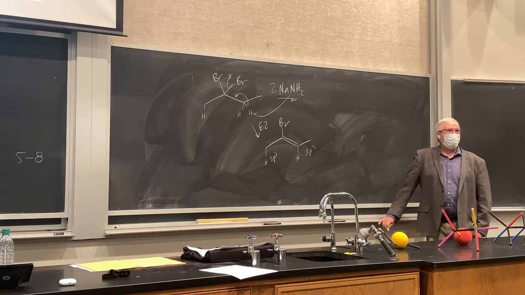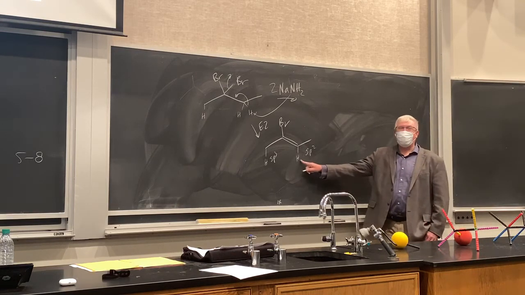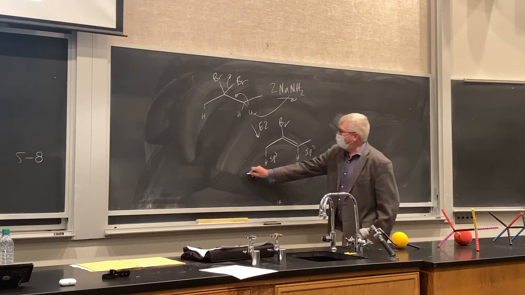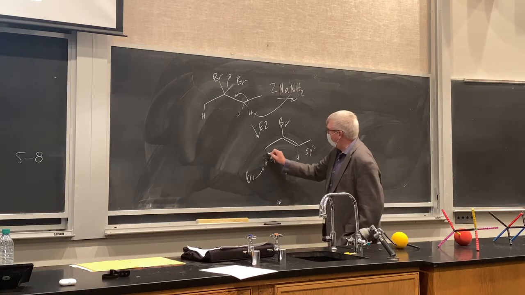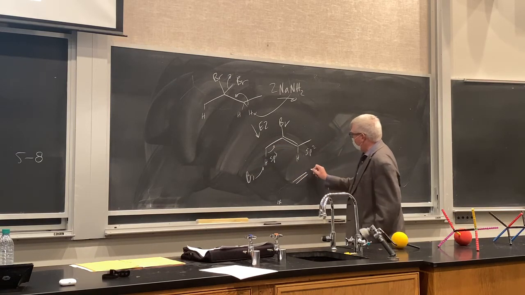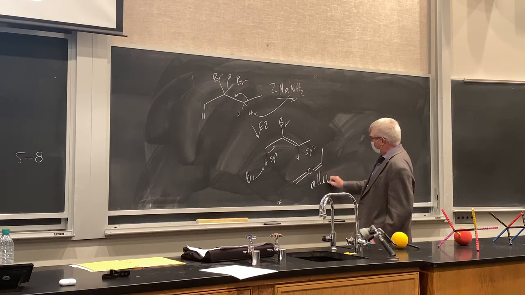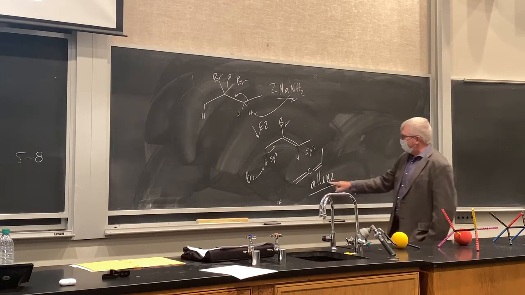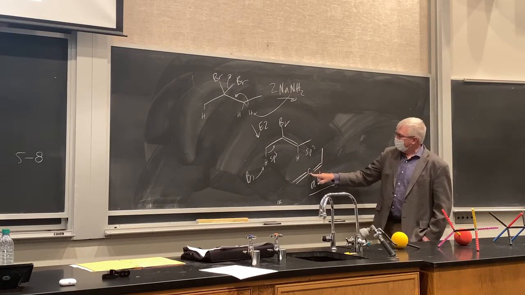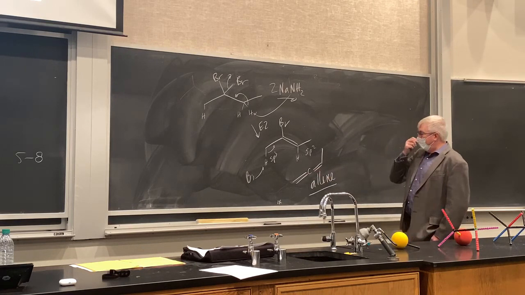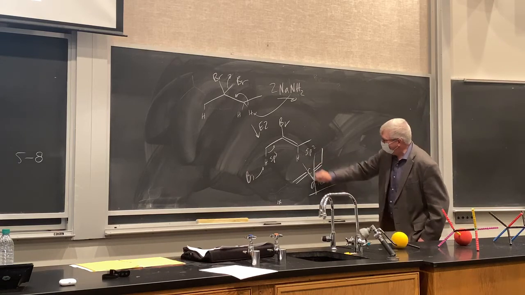Which one's a stronger bond based on the bond dissociation energy? The sp2 is actually stronger. You'd think, oh, this is the weaker bond, and base might take this one off, right? And that would give us what's called an allene. Allene means two double bonds on the same carbon, okay? And that one is not the product.